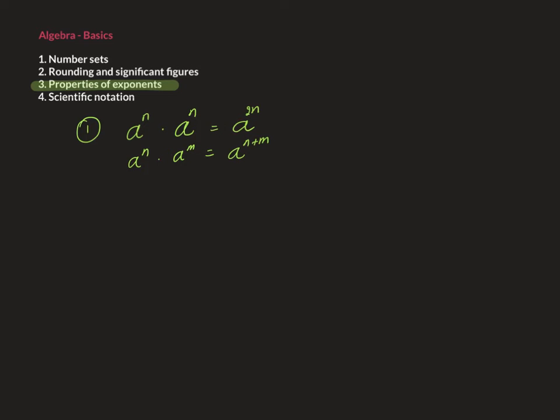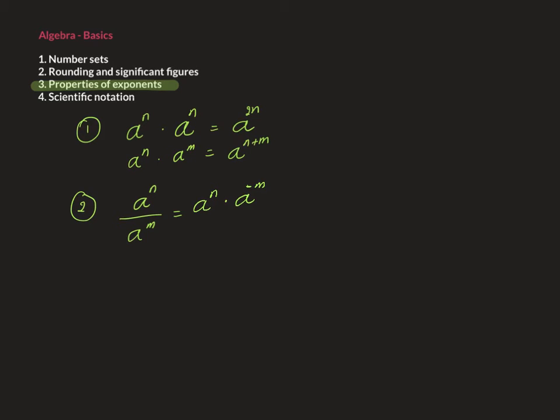When you are dividing exponents like this, that's the second property. What if you are dividing them? So let's say a to the power of n divided by a to the power of m. You can always write the a to the power of m that is in the denominator and move it up to the numerator, changing the sign of the exponent. So a to the power of n divided by a to the power of m is the same as a to the power of n times a to the power of minus m.